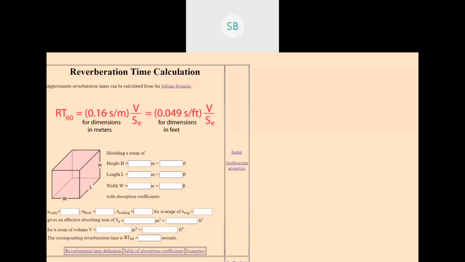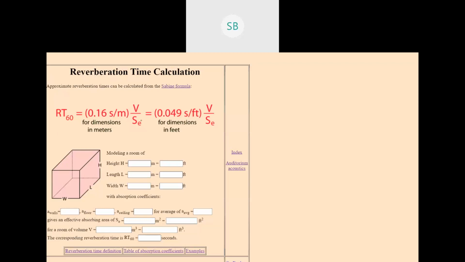We have seen the earlier formula, T equals 55.3 times V divided by C times A. C is the sound velocity, so you can do it on your calculator also: 55.3 divided by 344 gives 0.16. So 0.16 is the multiplication factor into V upon A.